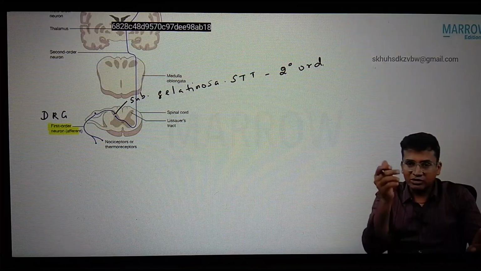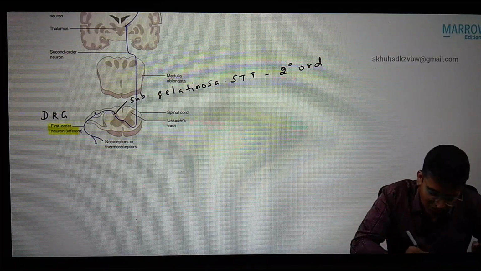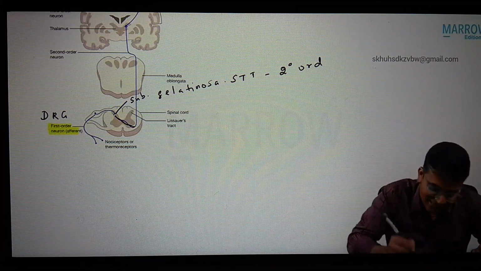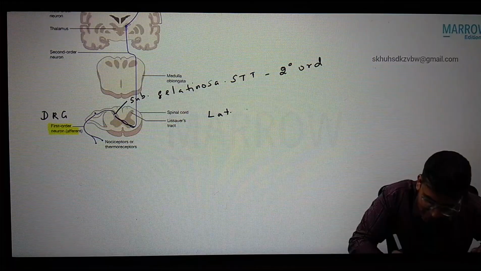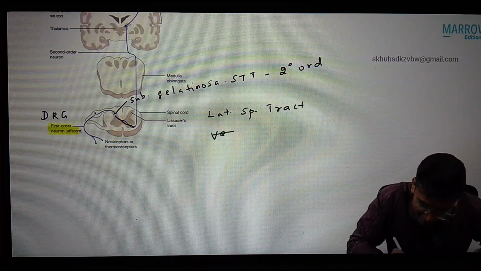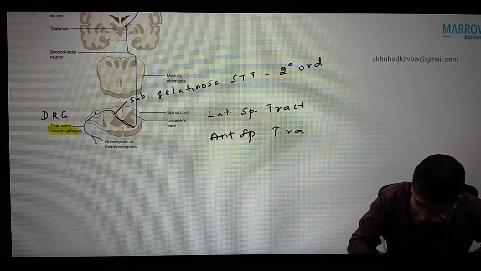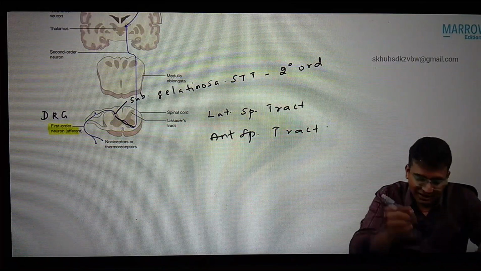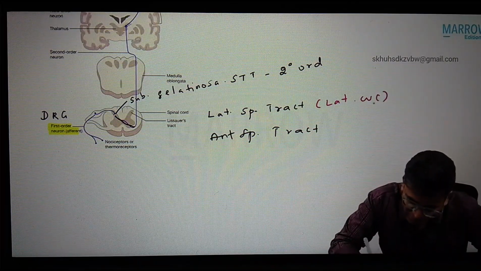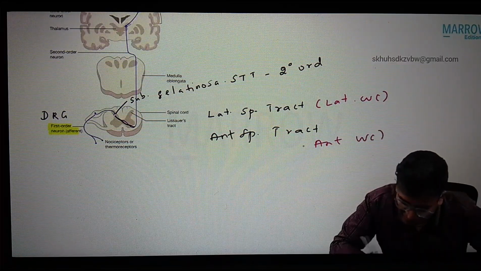I told you the fibers from the second order neuron cross to the opposite side, and in turn ascend as the lateral spinothalamic tract and anterior spinothalamic tract. Again, the name itself gives you a clue. The lateral spinothalamic tract ascends in the lateral white column and the anterior spinothalamic tract ascends in the anterior white column.